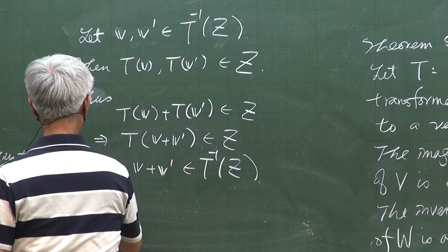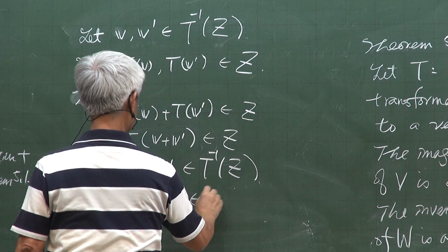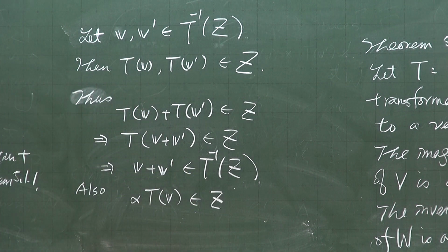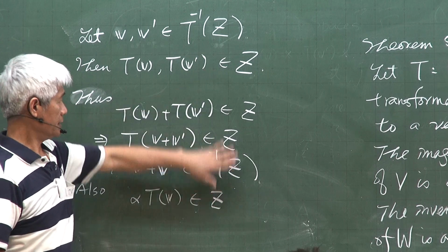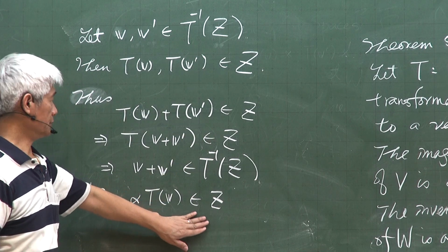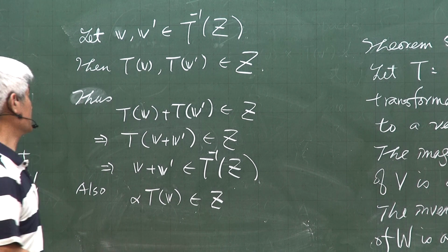Also, alpha TV is in Z, because Z is a subspace of W, so it is closed under scalar multiplication.